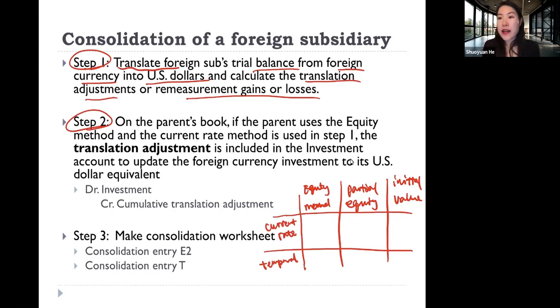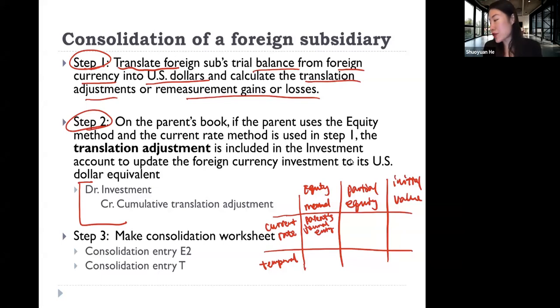Only if the parent is using the equity method and is also using the current rate method do we need to make this general entry, which is to debit the investment account and credit cumulative translation adjustment. So this is the parent's general entry. It is only under this situation.